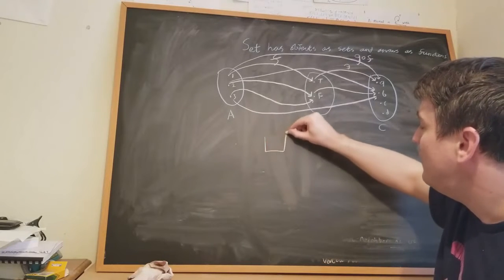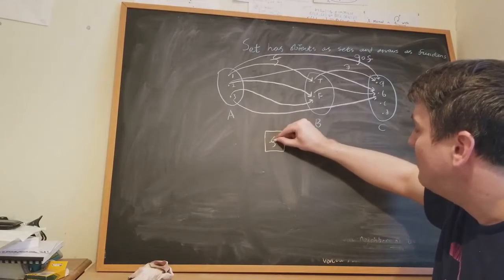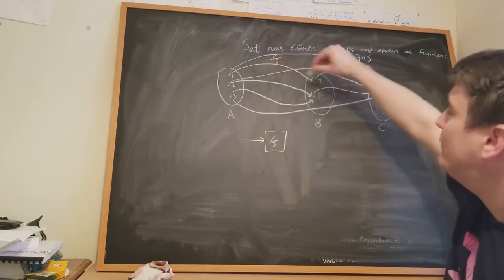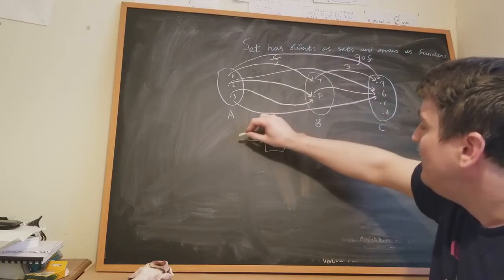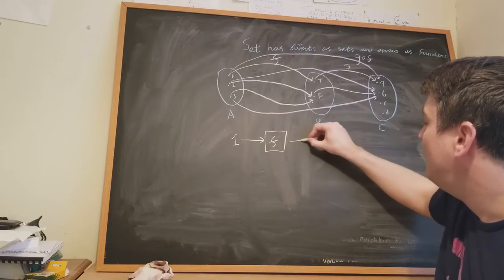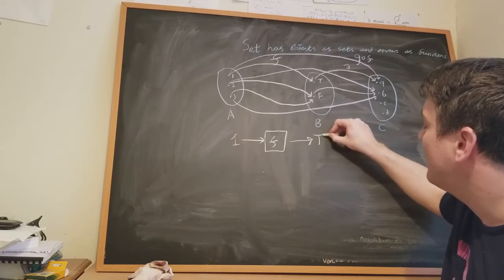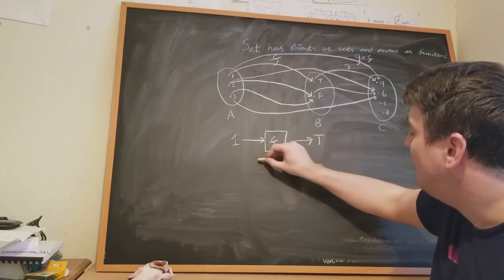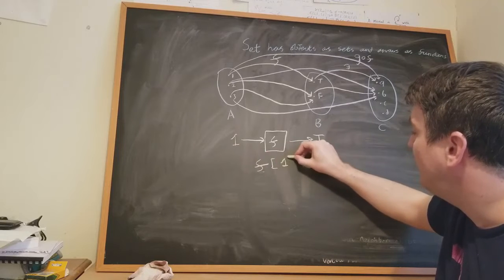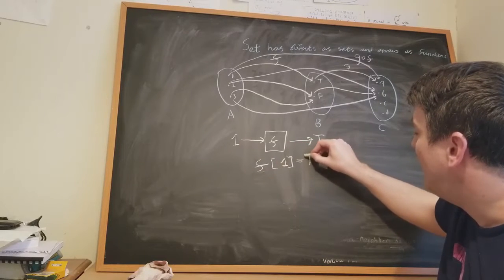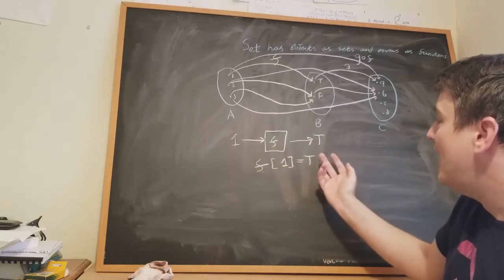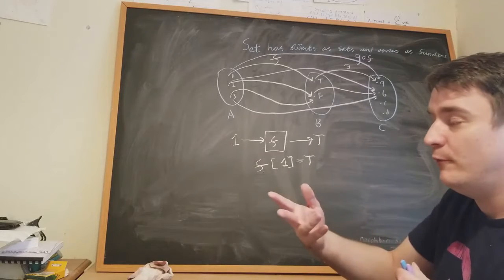One view of a function is it's something like a black box, and if we feed in an element, this is this green function from A to B, if we feed in an element from A, then we get out an element from B. And the way that we'd write this normally is f of the input is equal to the output.